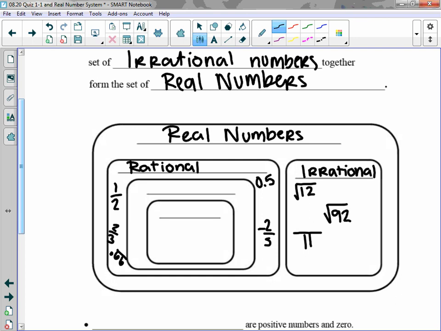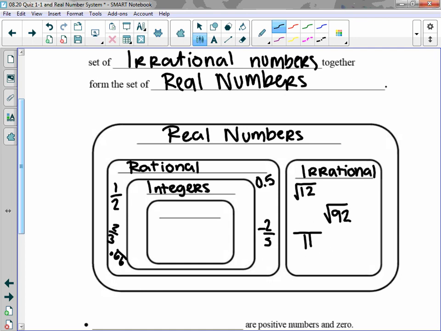Okay. We can break this down more. Everything in here is less than 1, right? And we incorporated negatives. So to go one step further, we've got integers. So is negative 2/3 an integer just because it's negative?